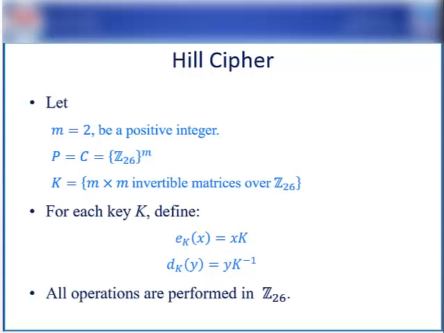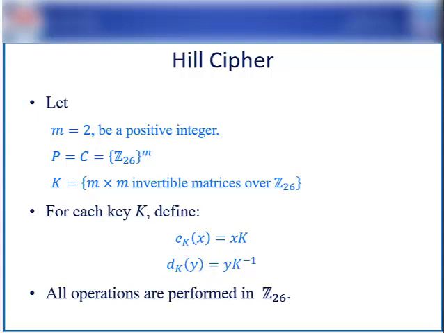In our case of the Hill cipher, we define a key as a matrix of dimension m by m. So here is our key matrix. All operations are performed in the set of integers modulo 26. For each key, we can define an encryption algorithm and decryption algorithm.